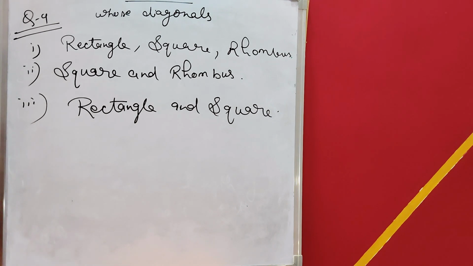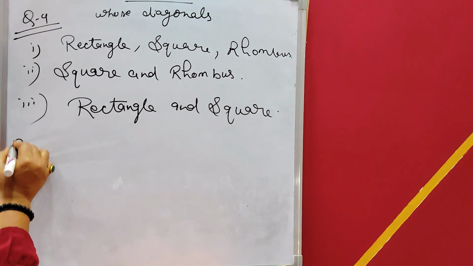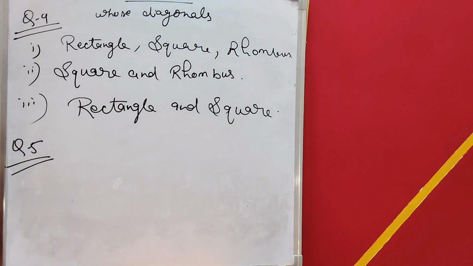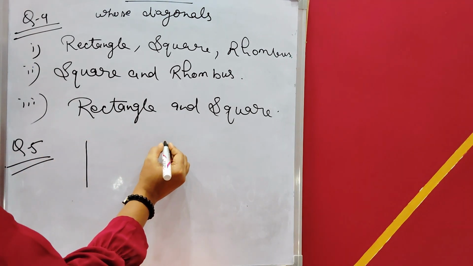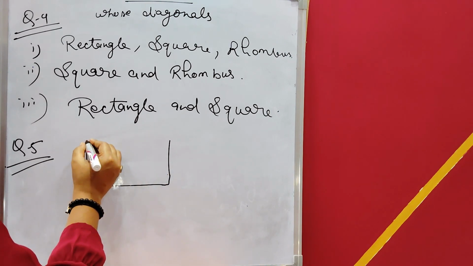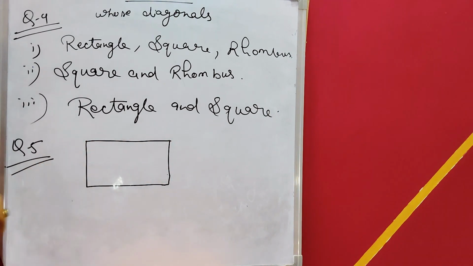Explain why a rectangle is a convex quadrilateral. Actually, this is question number 5. In a rectangle, there are two diagonals. As in polygons, we have discussed the convex polygon and concave polygon, but here it is asking about a convex quadrilateral.